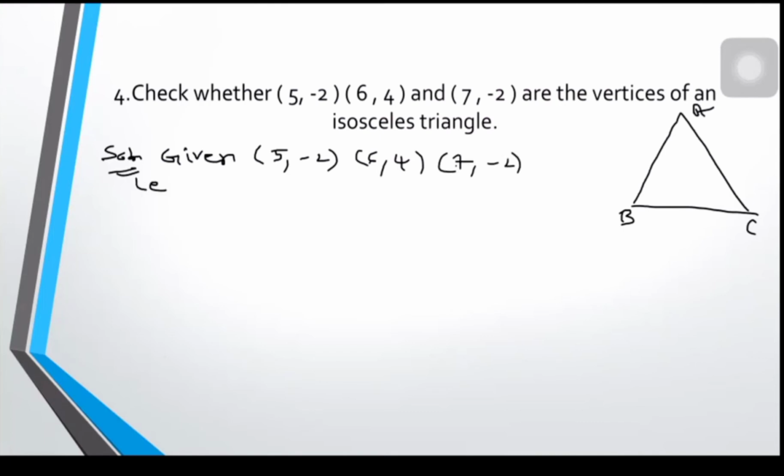Let A is equal to 5 comma minus 2, B is equal to 6 comma 4, C is equal to 7 comma minus 2.